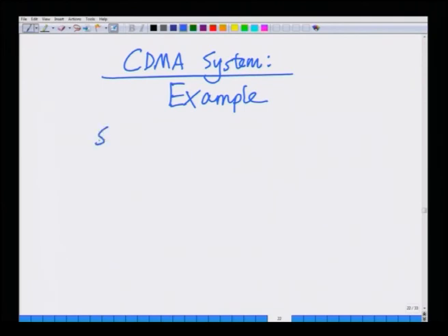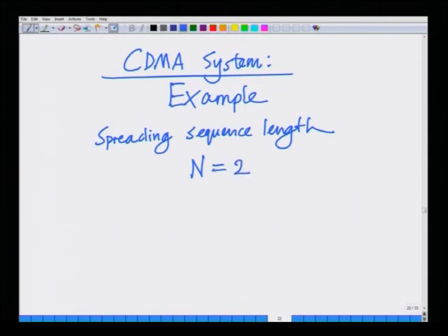So, n equals 256, that is the length of the spreading sequence. I am going to consider a 2 user scenario.